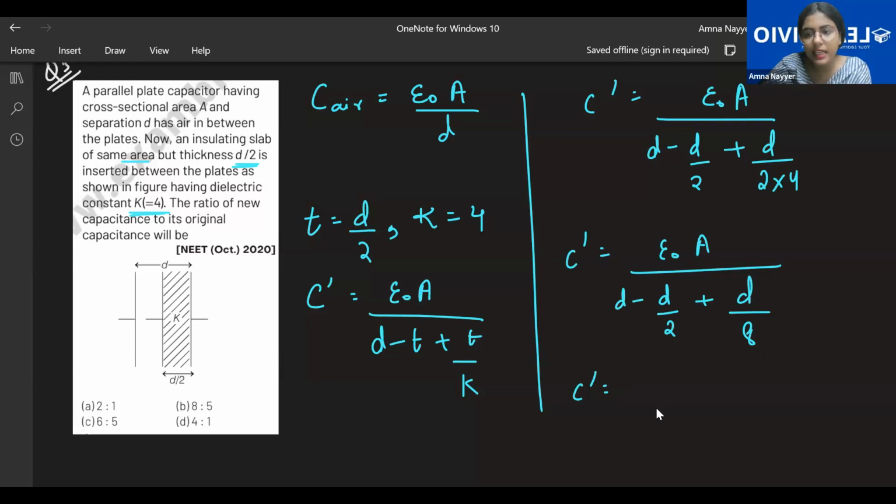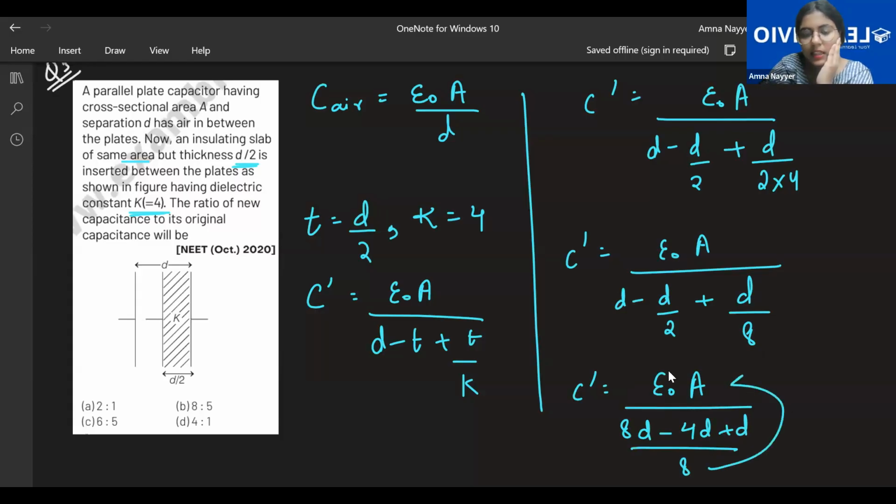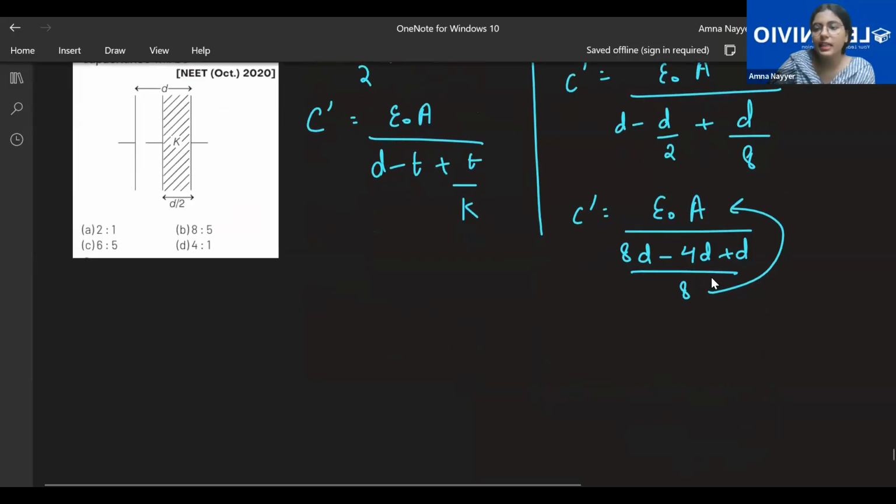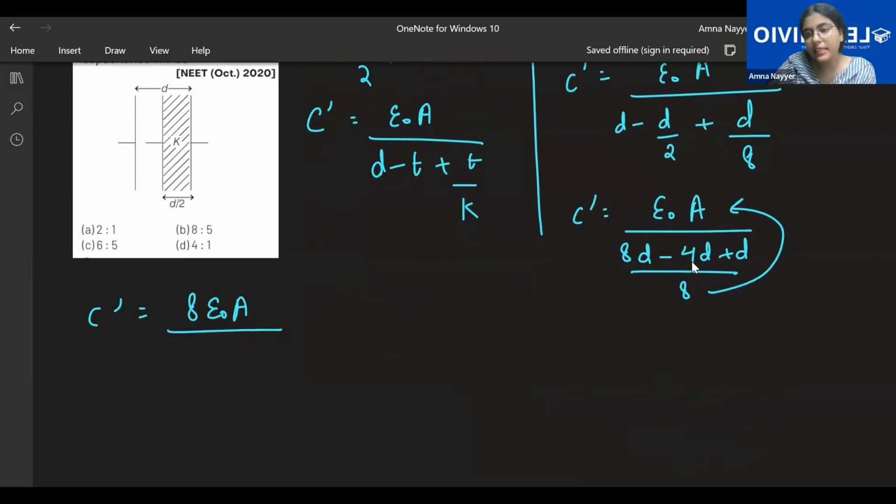Taking 8 as LCM, this will be epsilon naught A by (8D minus 4D plus D) divided by 8, and the 8 goes up here. So C dash comes to 8 times epsilon naught A by 5D.